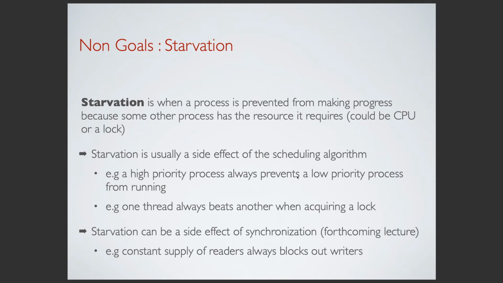The first important thing is, when you schedule tasks to a worker, or when you schedule processes to a CPU, you want to avoid something we call starvation, which is when a process is prevented from making progress. Basically, there is one task that the worker never works on because of the scheduling algorithm, which is busy doing other stuff.